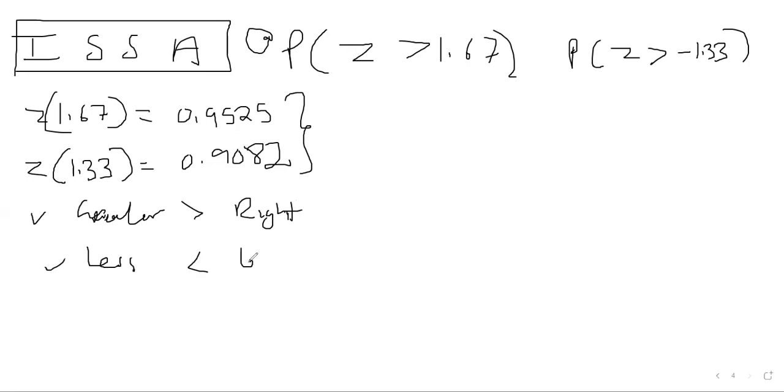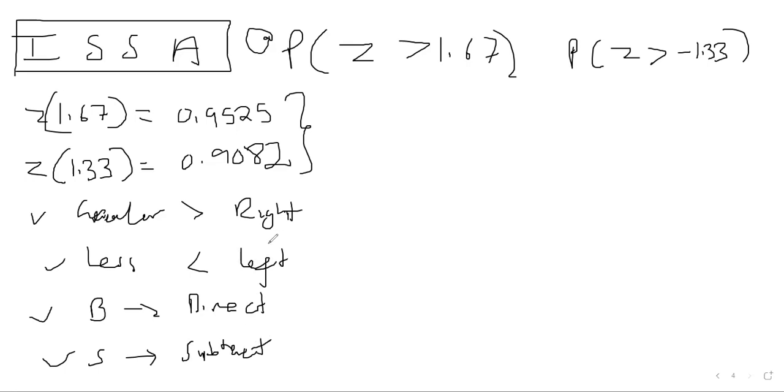Shade left. Then the shading can either be big or small. If it's big, just read it as it is. If it's small, what do we do? We subtract from 1. So these are the only application rules that I'll give you for now.